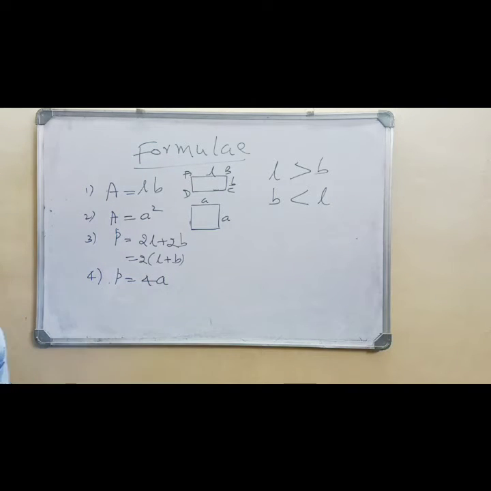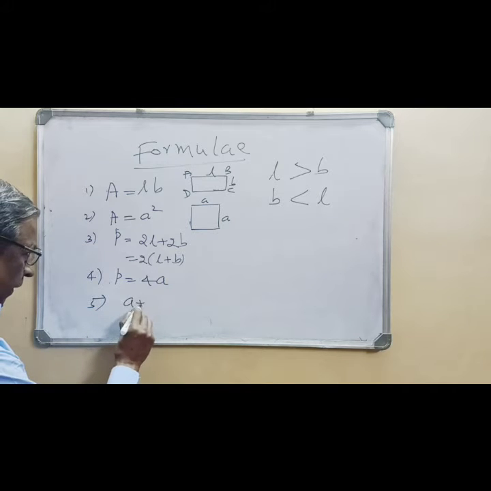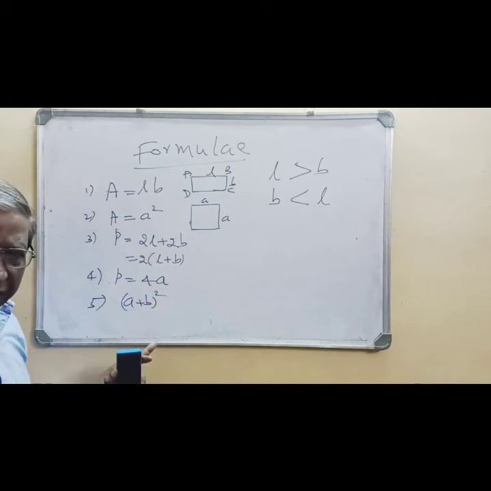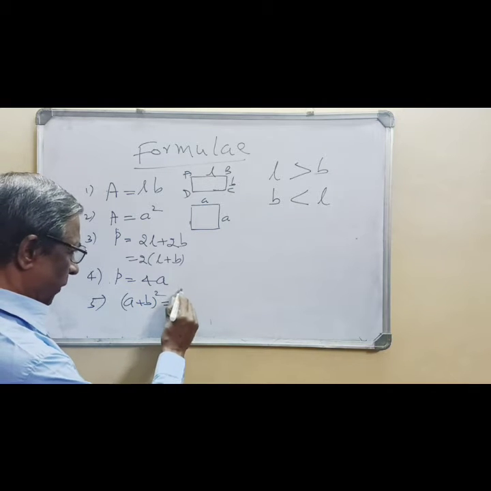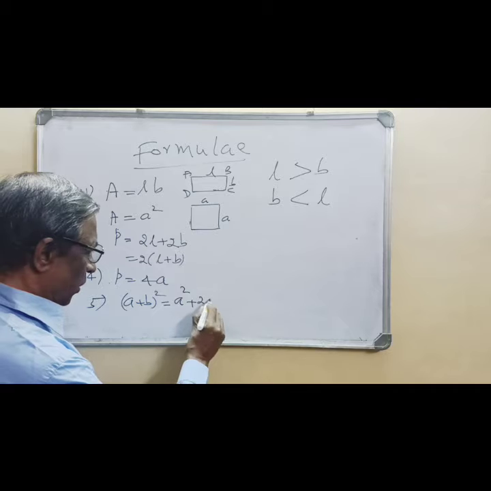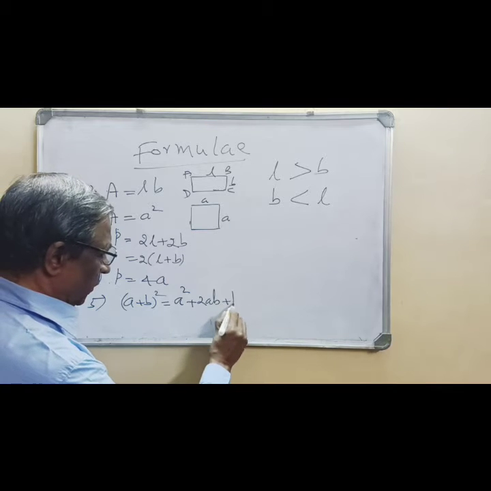These are all formulae regarding the area. Suppose in expansion, A plus B is a binomial, and if you put a square, it becomes (A plus B) whole square. So the formula is very simple: A square plus 2AB plus B square.